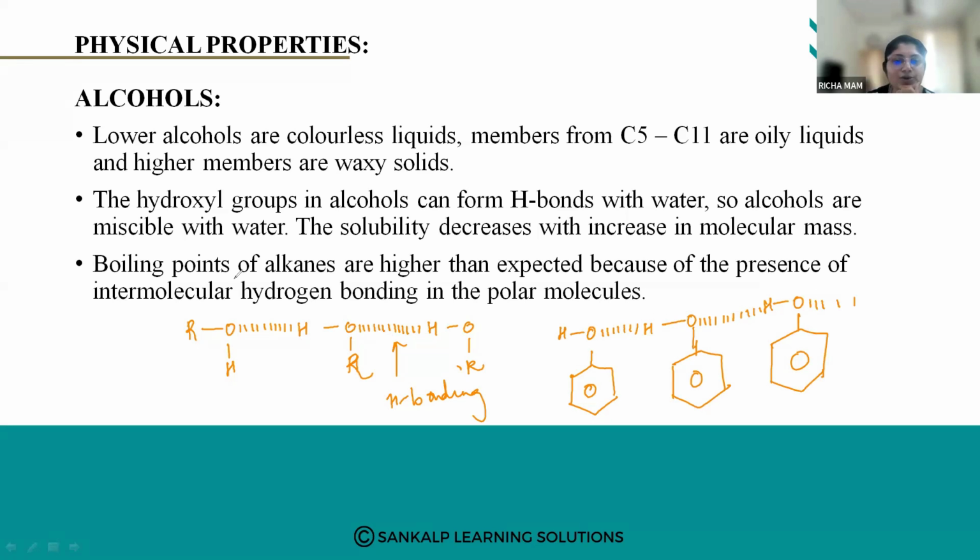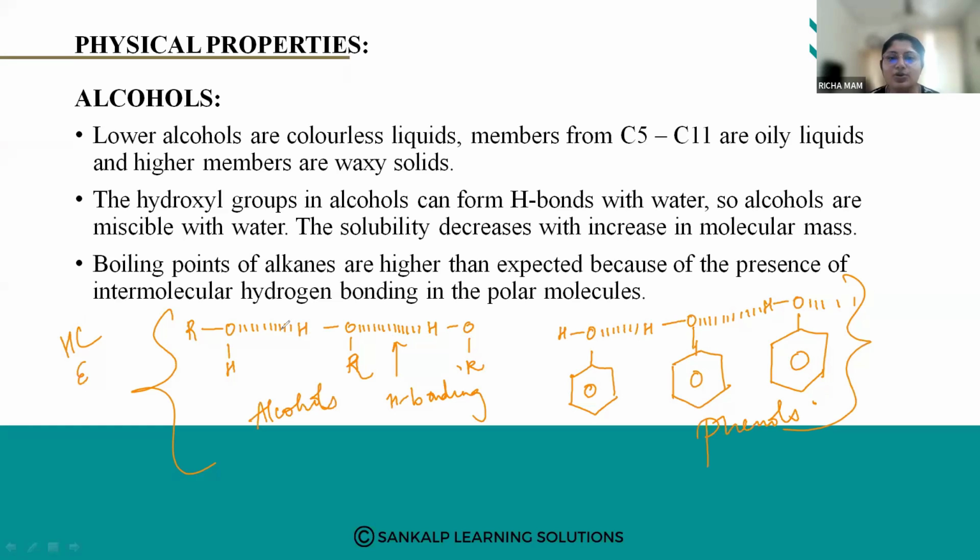Is it clear? So alcohols and phenols have a higher boiling point when compared to hydrocarbons or ethers. In ethers and hydrocarbons, there is an absence of hydrogen bonding, whereas alcohols and phenols can undergo intermolecular hydrogen bonding. So this is the reason.